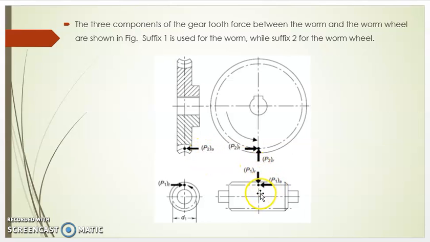Similarly, P1R is nothing but radial force acting on the worm. P1A is nothing but axial or thrust force acting on the worm. Similarly, P2T is tangential force acting on the worm wheel. P2R is radial force acting on the worm wheel. P2A is axial force or thrust force acting on the worm wheel.